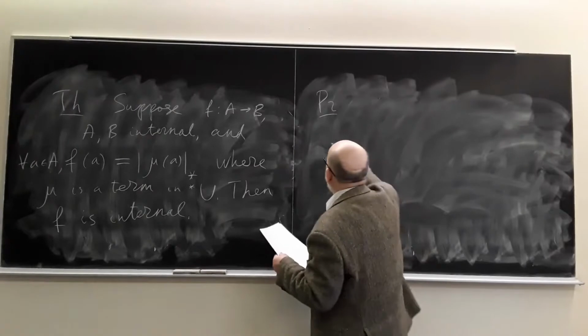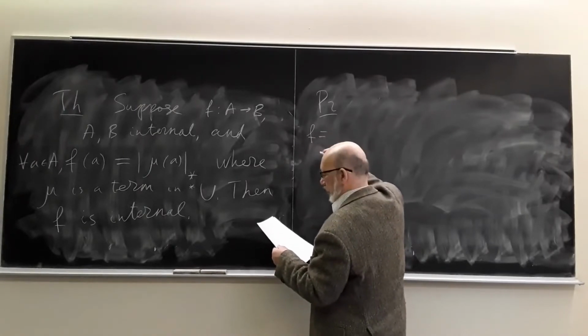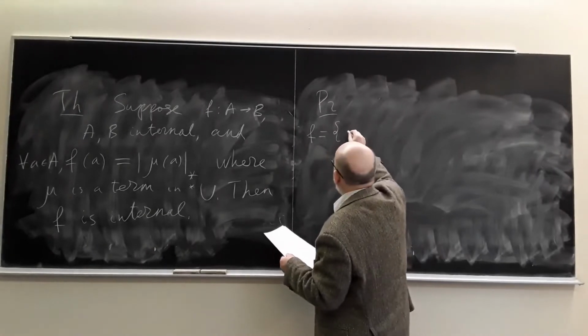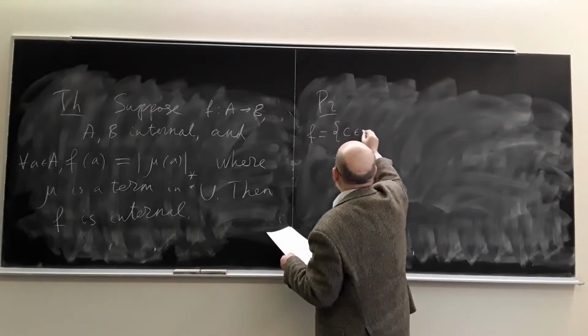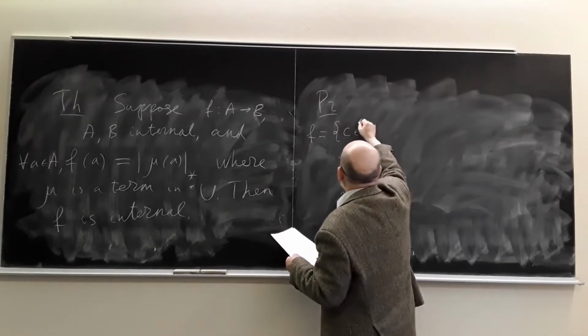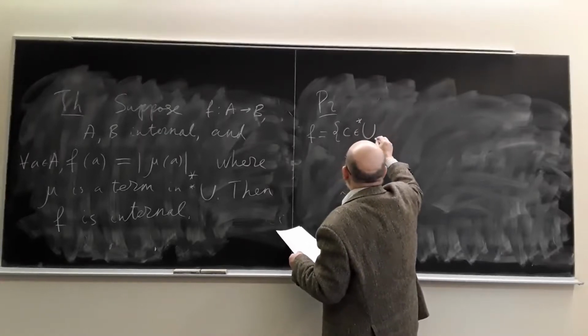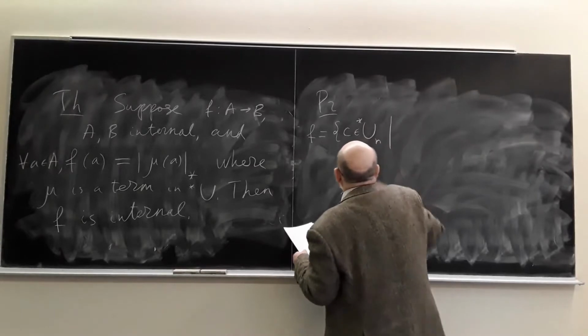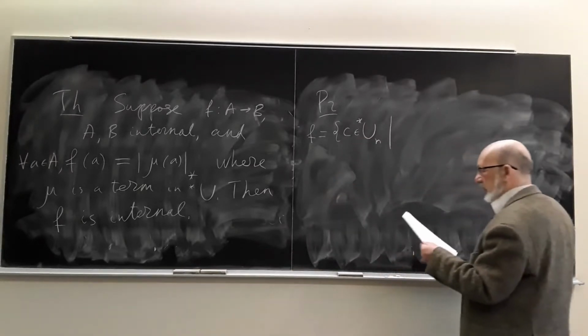So what is F? It is the set of C in star U, at some level n, such that the following is true.